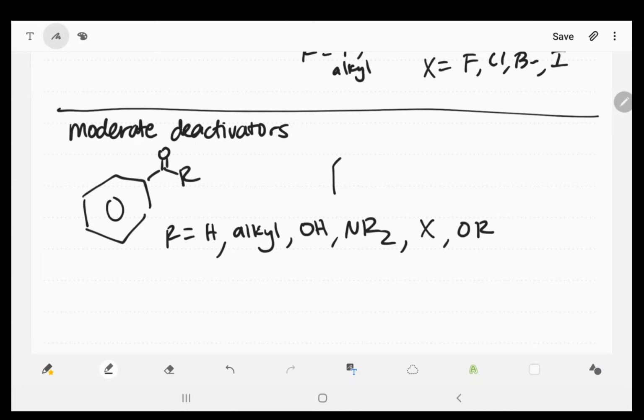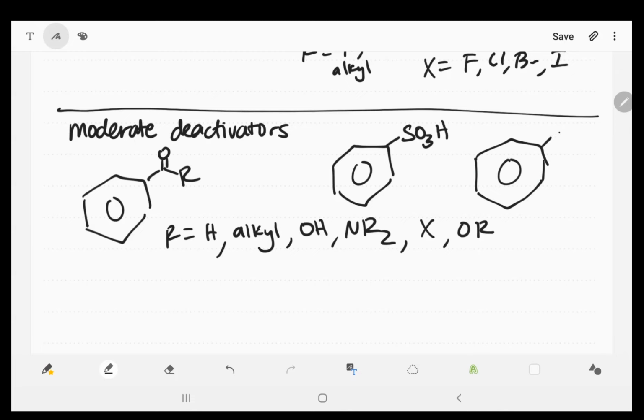And then another one would be our sulfonyl or a nitrile. Those would all be moderate deactivators. So any of those ketone things, carbonyl things I should say, or some of these other groups are moderate deactivators. So these are all electron withdrawing substituents. And as a result, they will make your ring less reactive.